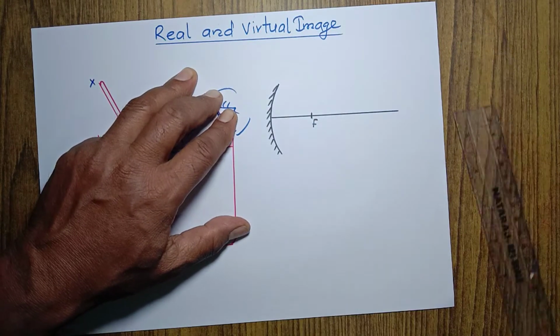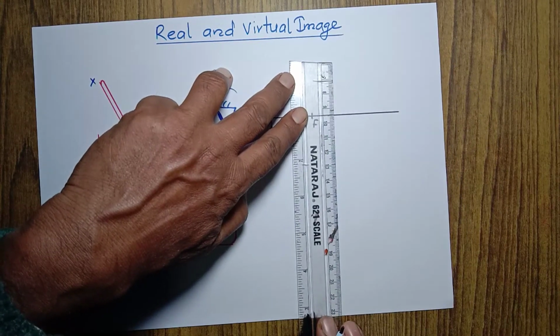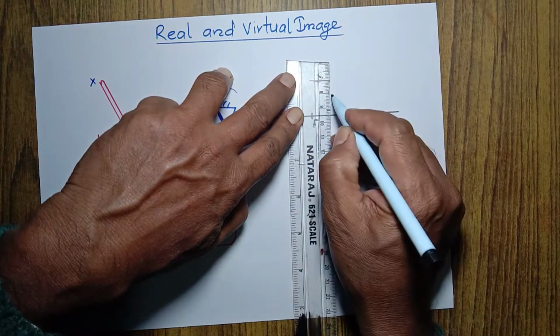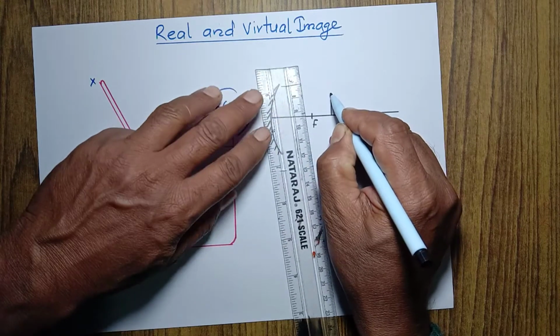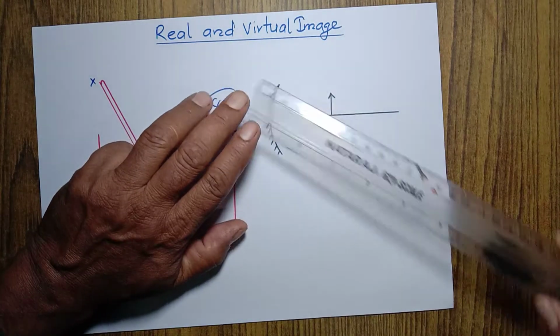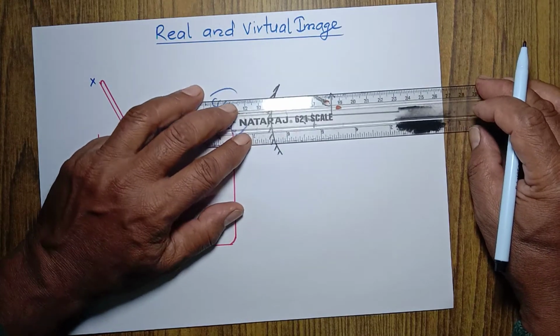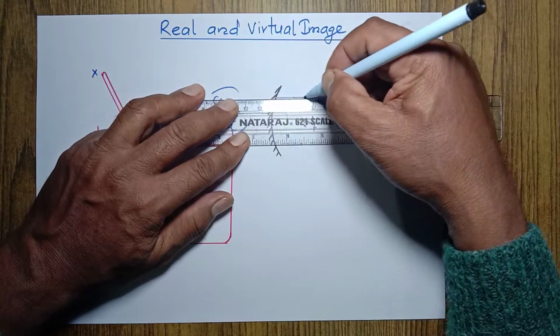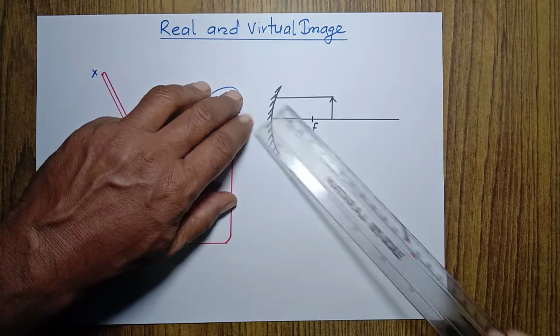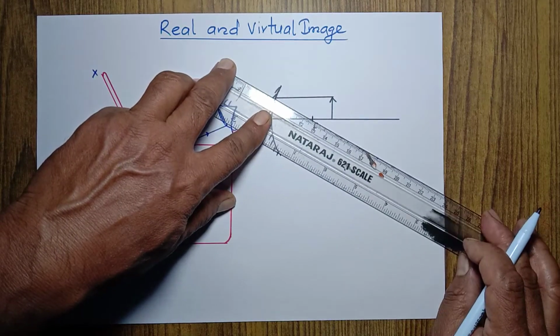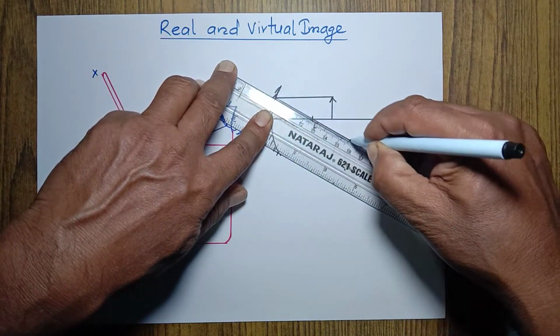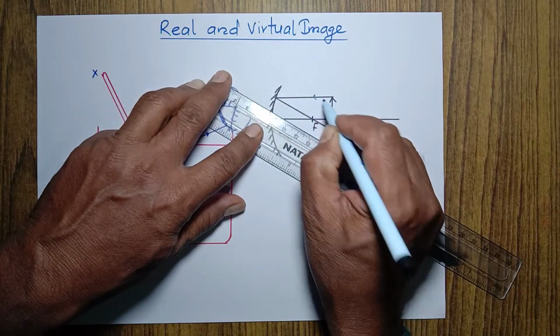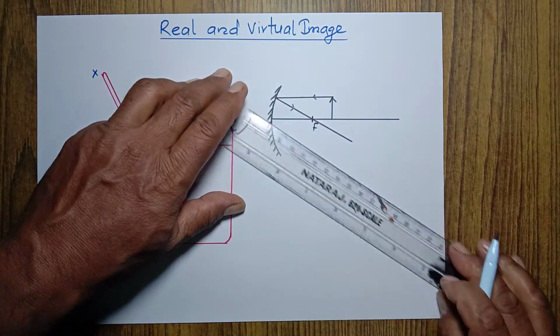This is the focus. If an object is somewhere here, let's say here, this is the head of the object, then how do we make the image of this object? We'll make the image like this. A ray of light coming parallel to the principal axis passes through the focus. We know this. This is a rule for the concave mirror.